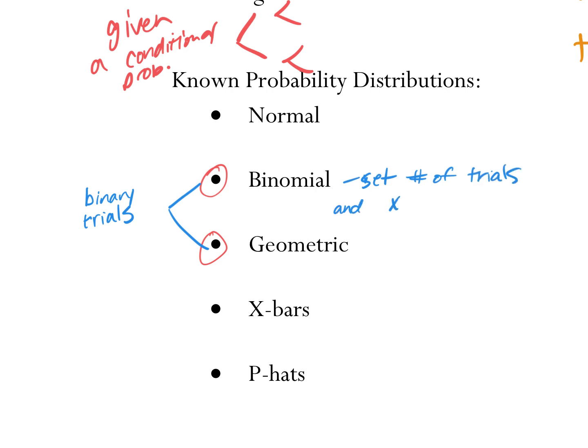And x, my variable, equals the number of successes. Geometric, our variable is equal to the number of trials until success.